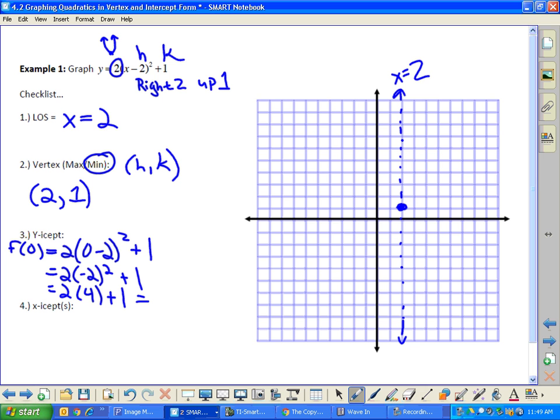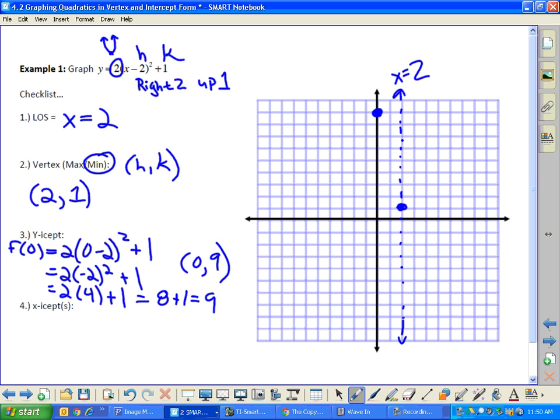Two times 4 is 8. 8 plus 1 is 9. So my y-intercept in this case is going to be 0, 9. So you go over 0 and up 1, 2, 3, 4, 5, 6, 7, 8, 9.